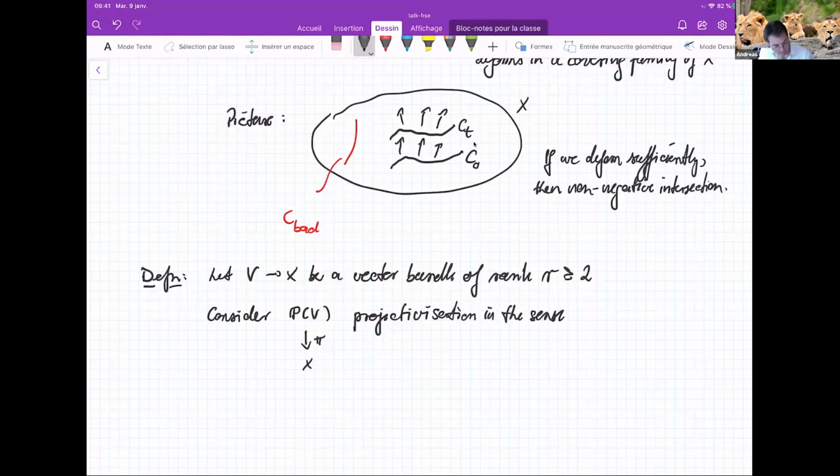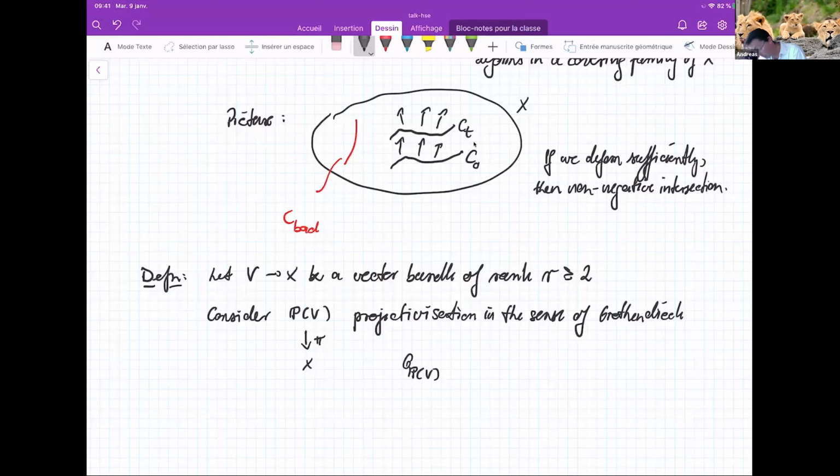On this projectivization, I have my tautological bundle, which is denoted O(1).